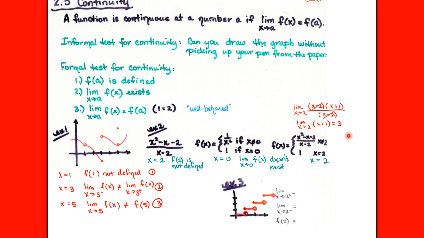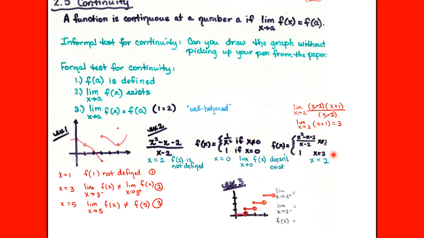Now the third thing that I have to check is I need to make sure that the limit is equal to f of a. How do I know where to look for that? How do I know what value to use? Well, remember we said with a piecewise, the problem occurs, if it's going to, where the pieces come together. So I want to check this at 2 because that's where my pieces came together.